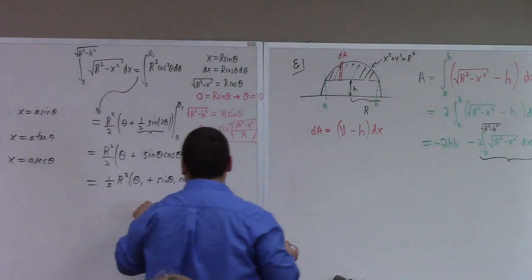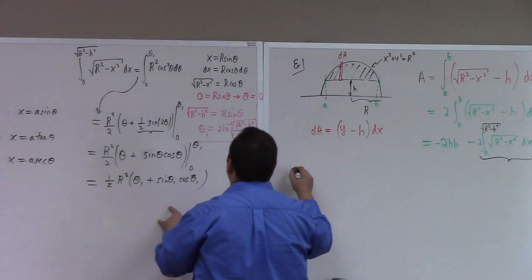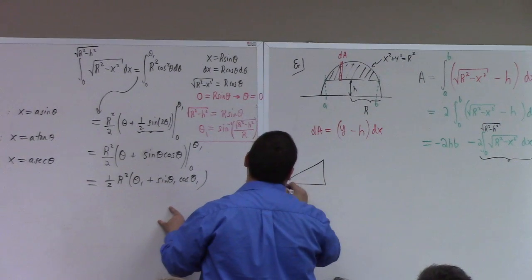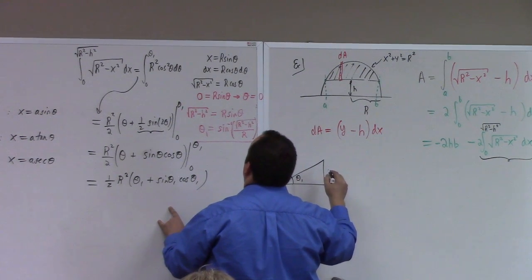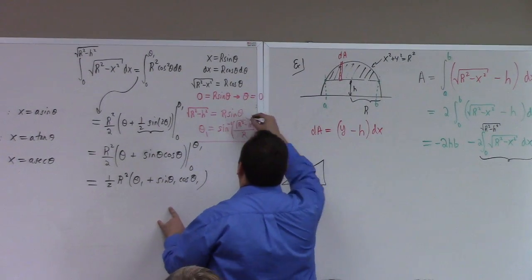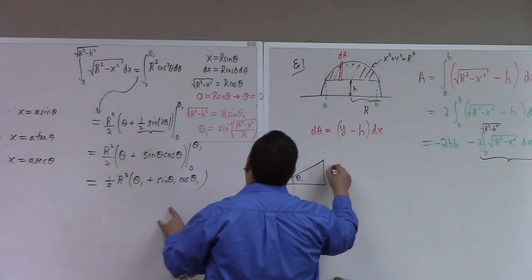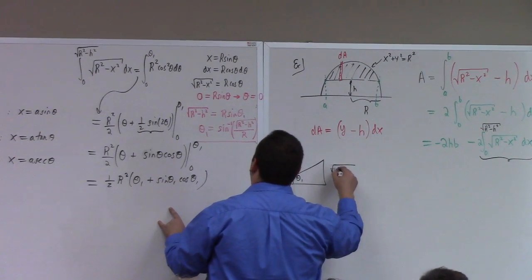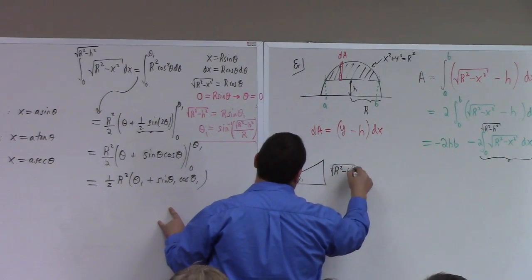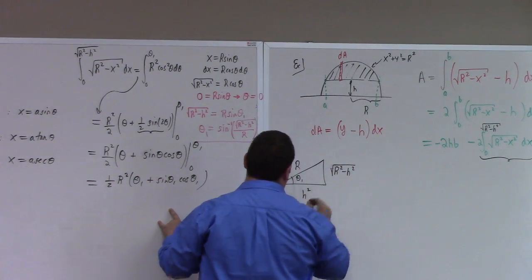Now let's see here. What's the substitution? The triangle for this one, theta 1. R is the hypotenuse. Square root of r squared minus h squared. And so down here you got h, right?